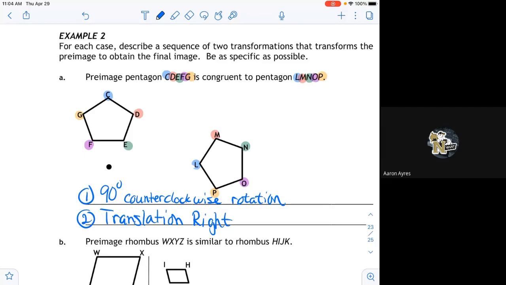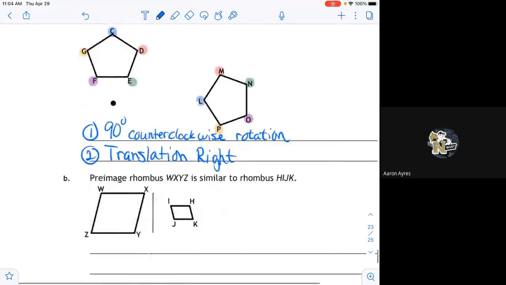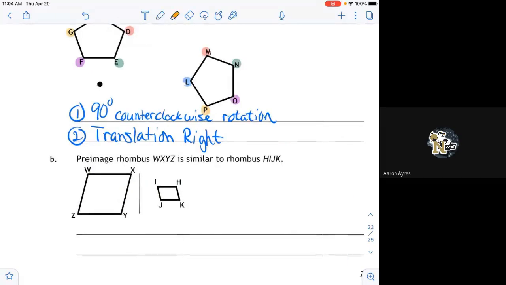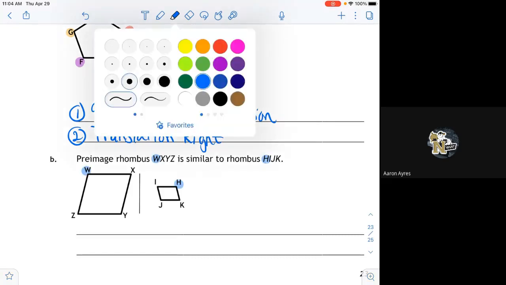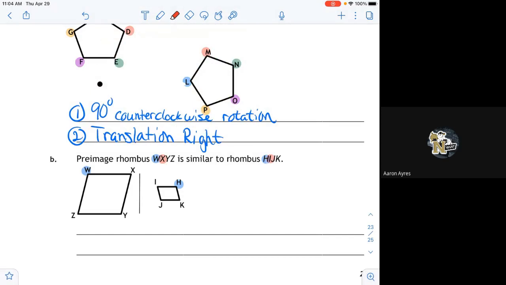All right, now that you're all a little bit warmed up, try it together. Discuss it. Come up with two transformations. Color code it first. And again, if you color code it, it'll help you figure out some of the relationships here.